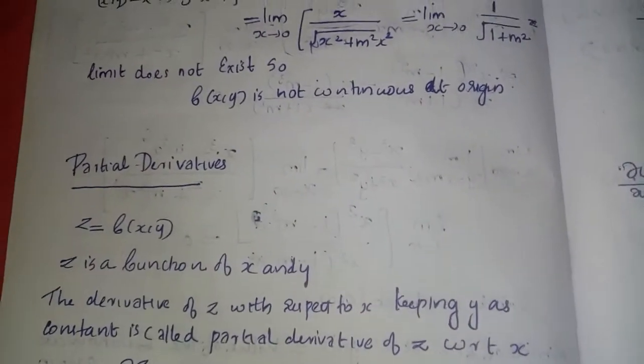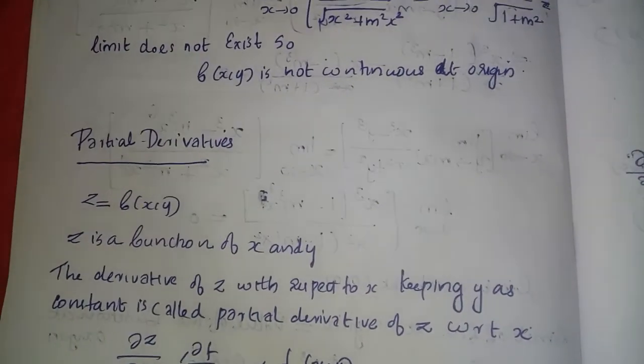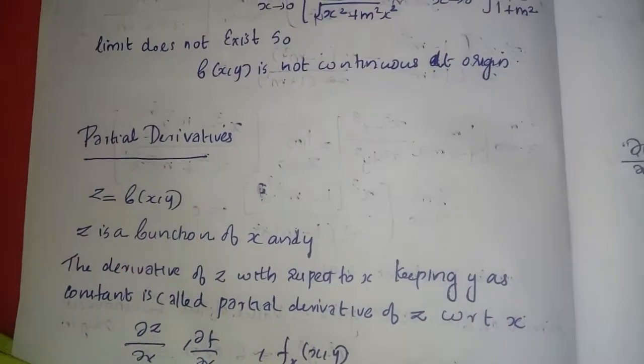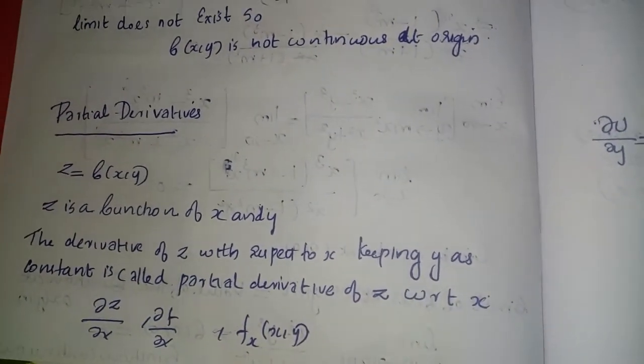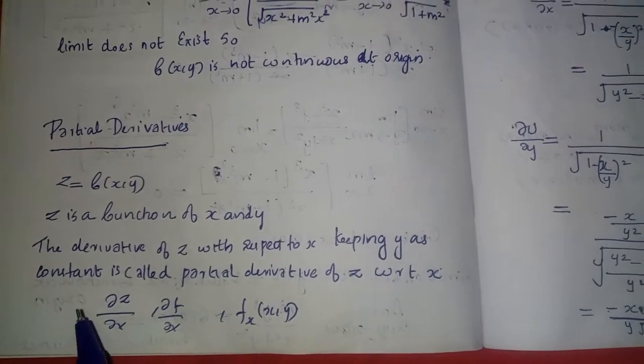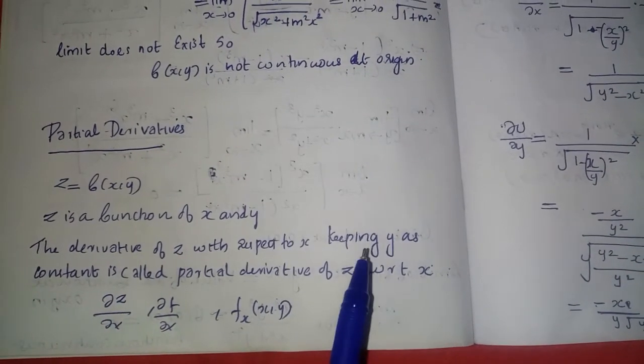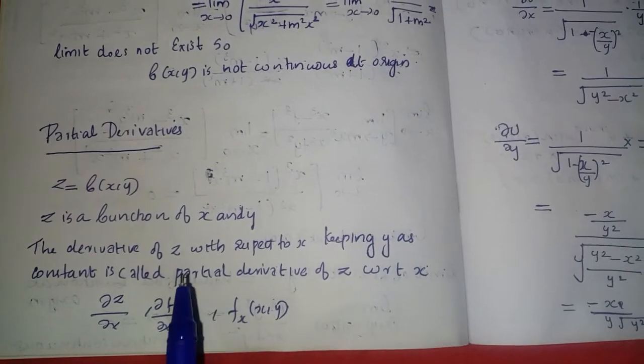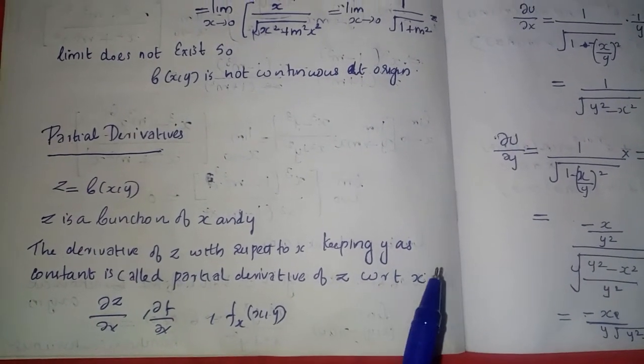Next we are going to the partial derivatives. If you consider a function z equal to f(x,y), z is a function of x and y. The derivative of z with respect to x keeping y as constant is called the partial derivative of z with respect to x.